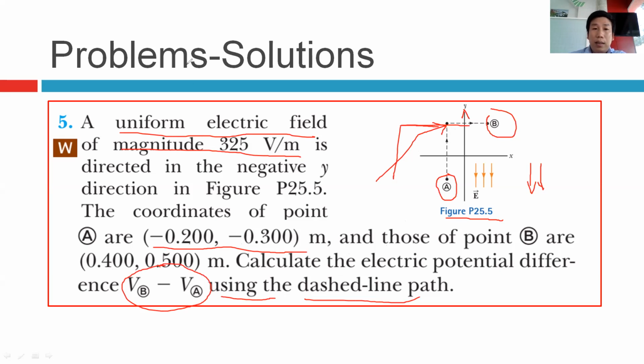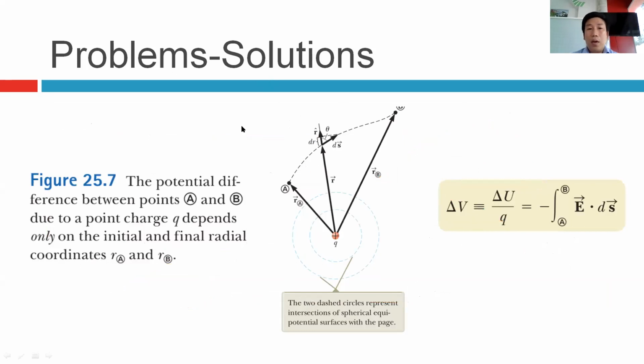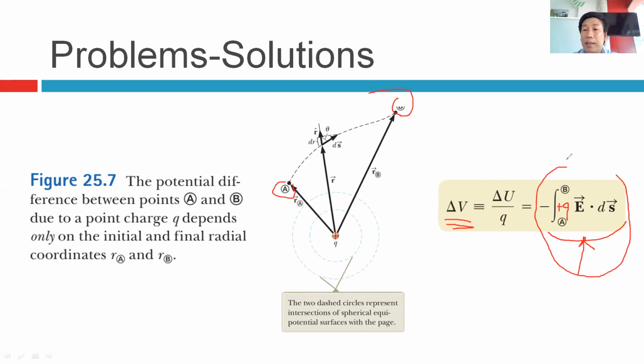So how do we calculate the potential difference? Please look at the theory here. When you have two separate points A and B, and you want to calculate the difference of the voltage, the potential difference, you will apply this formula. Actually, this is the same as the formula to calculate the work applied to a positive charge.